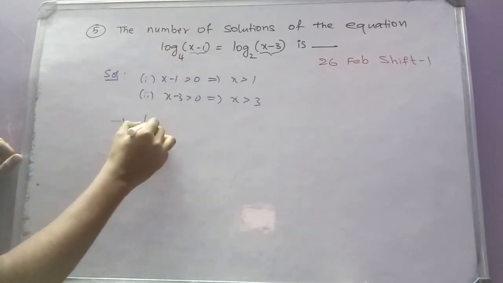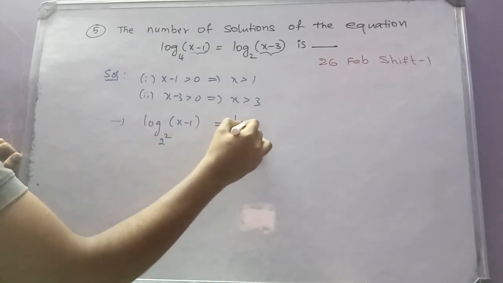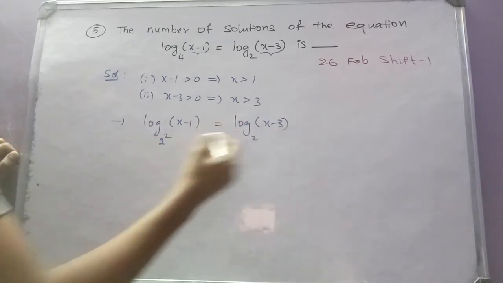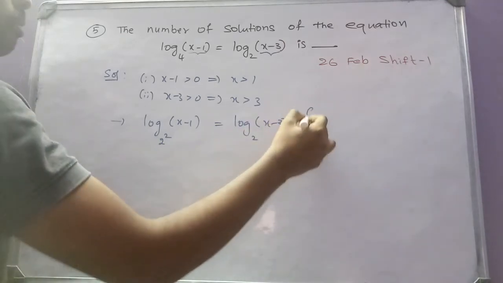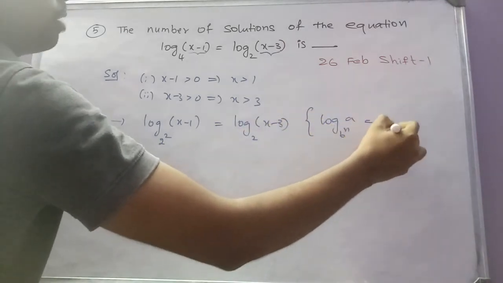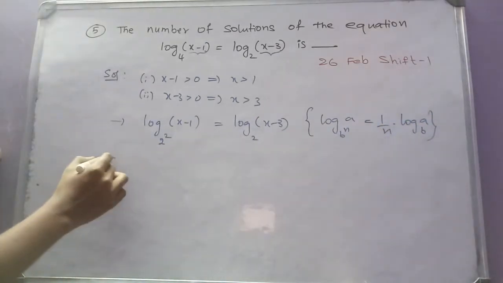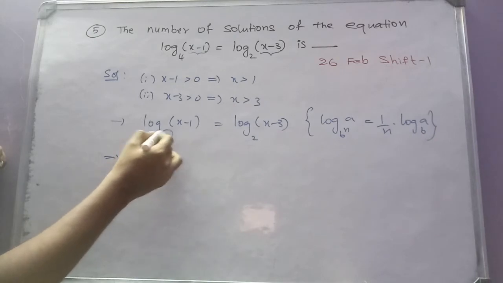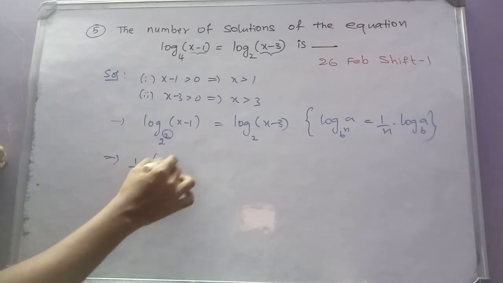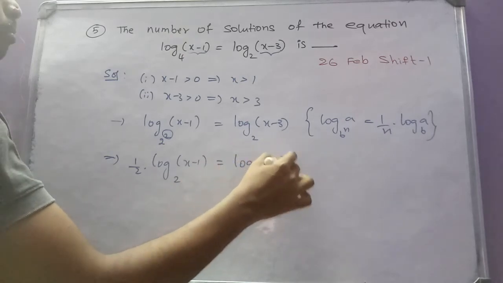Log of x minus 1 with base 2 square is equal to log of x minus 3 with base 2. So you have to remember this: log of a with base b power n is equal to 1 by n into log a base b. You have to use this formula in LHS. So what do you get? Then 1 by 2 into log of x minus 1 base 2 equal to log of x minus 3 base 2.